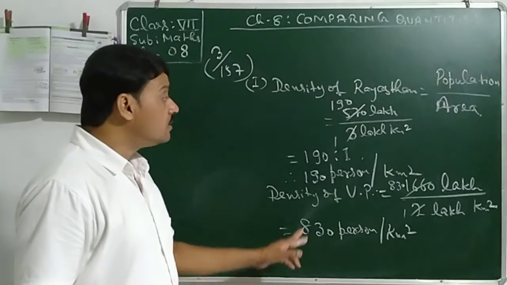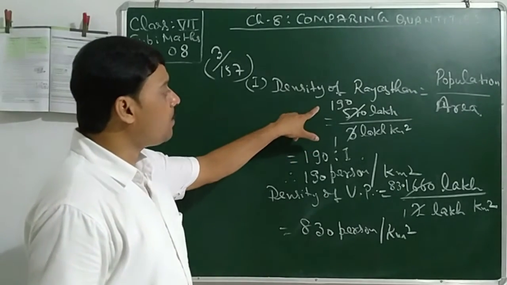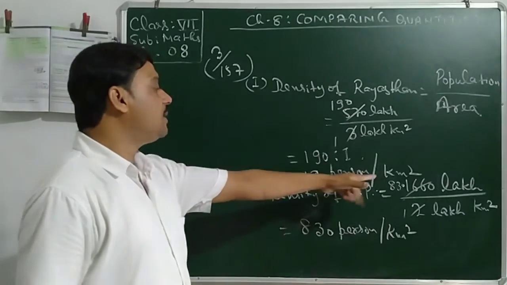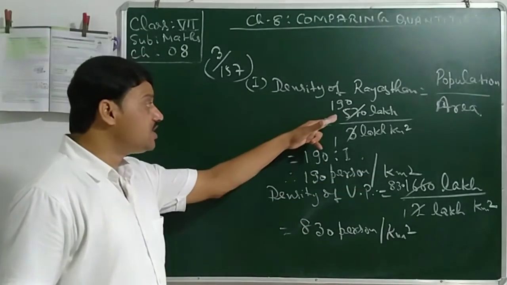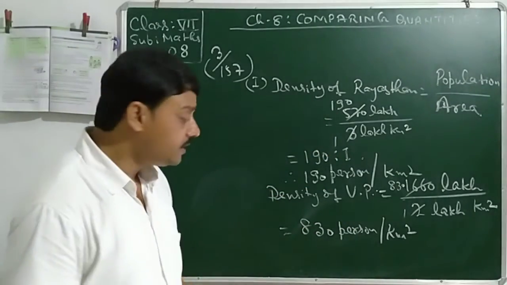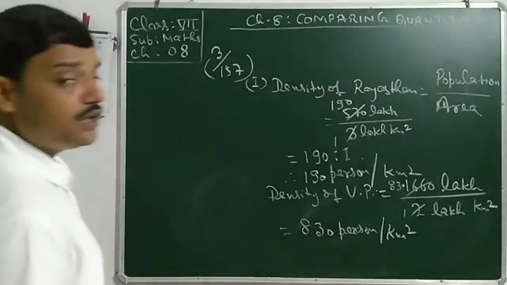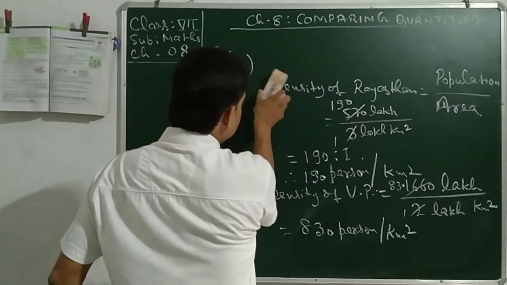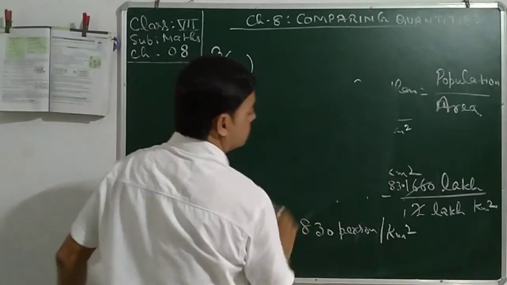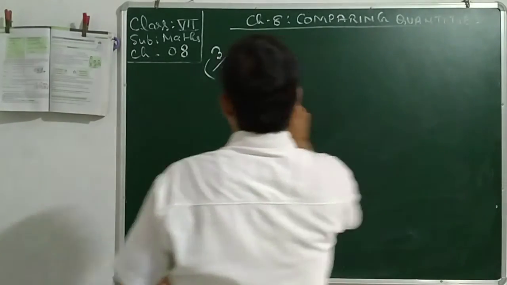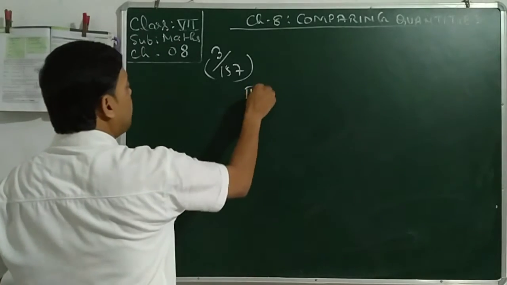But we had seen that the population density of Rajasthan is much less than population density of UP. So we can say by comparison now, in the second part, comparison.